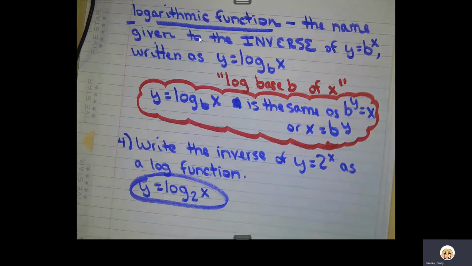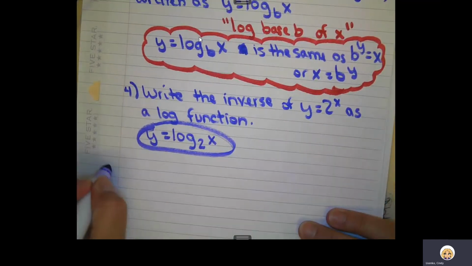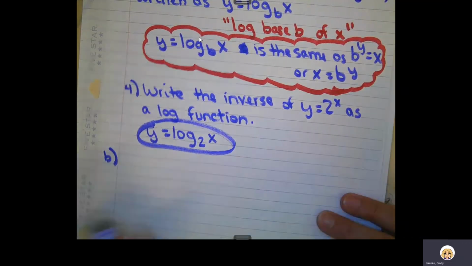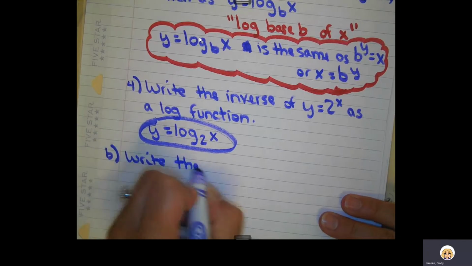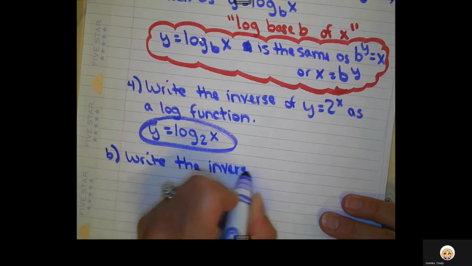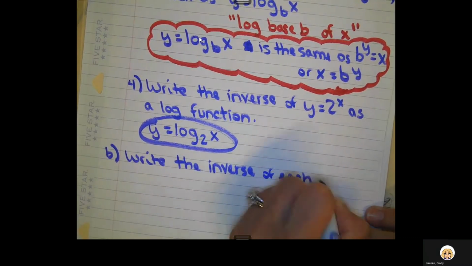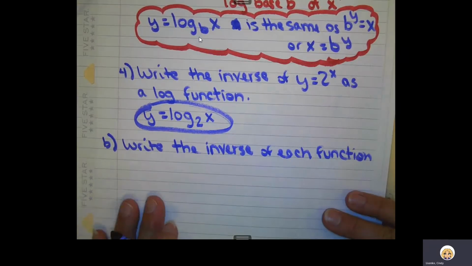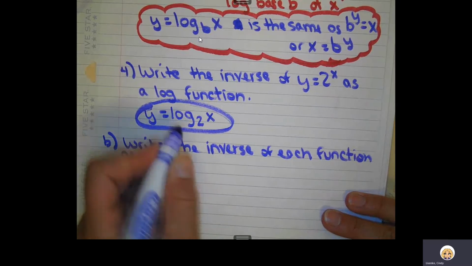The last part of our notes is we're going to practice a couple of these and then we're done. So this is going to be part B because we just finished part A. The directions for part B: write the inverse of each function as a logarithmic function.